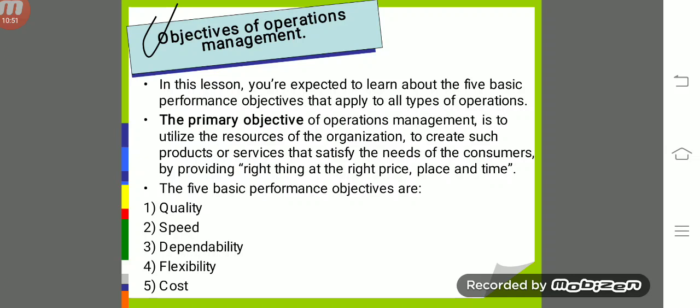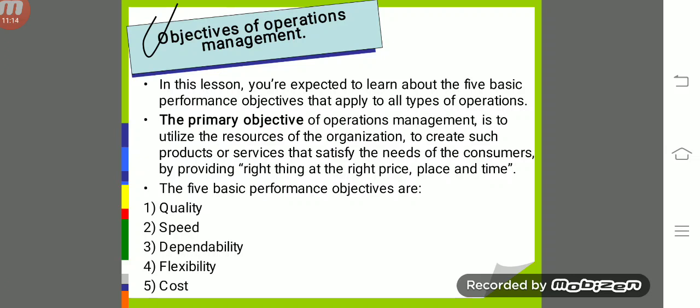Dependability. The third point is dependability. Here, dependability means one machine is not enough to produce a single product, or one machinery is not enough to convert our raw material into finished goods.